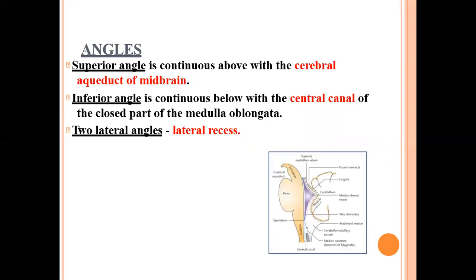That is about recesses. Coming to the angles of the fourth ventricle, the cavity has four angles: the superior, inferior, and two lateral angles. Superior angle is continuous above with the cerebral aqueduct of the midbrain. Inferior angle is continuous with the central canal of the closed part of the medulla oblongata.